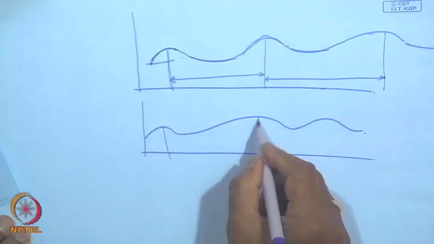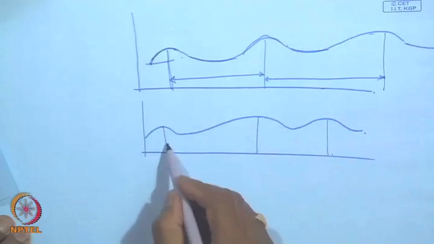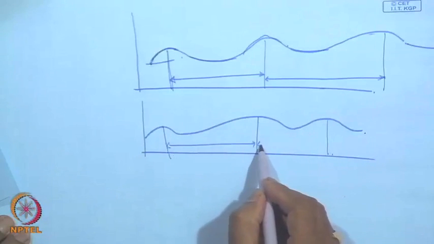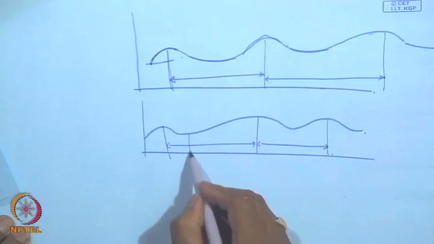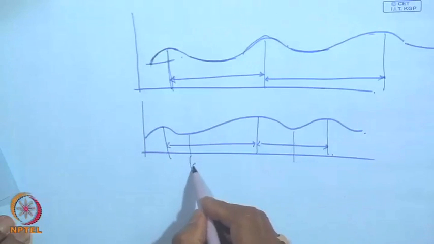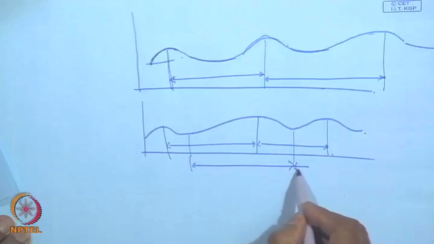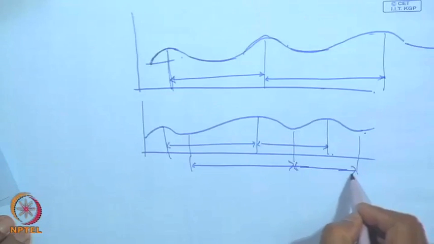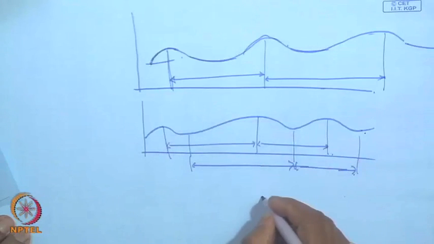So, here you will see they differ, the values are different. The troughs are also different. So, this is the case of cycles.